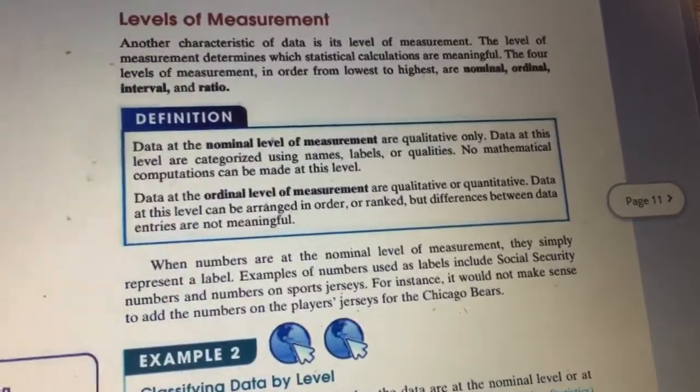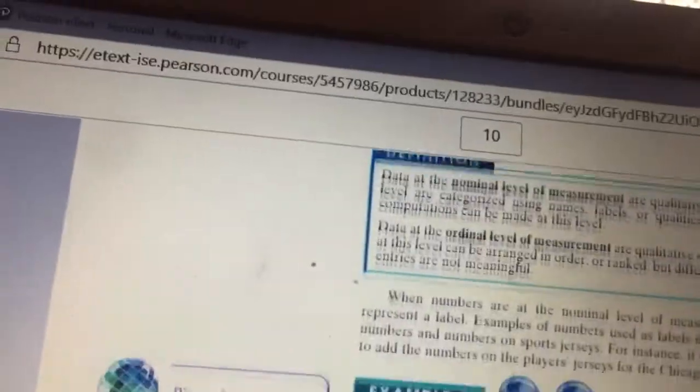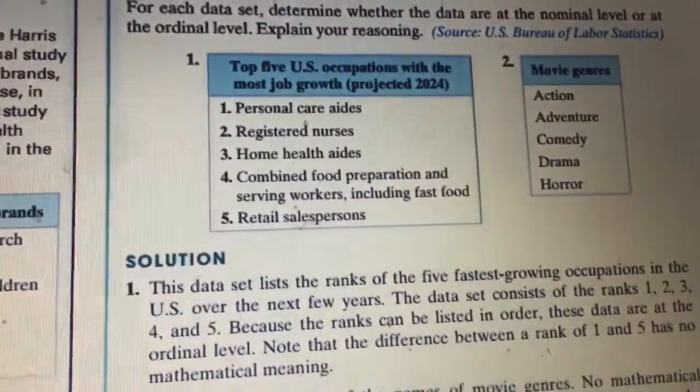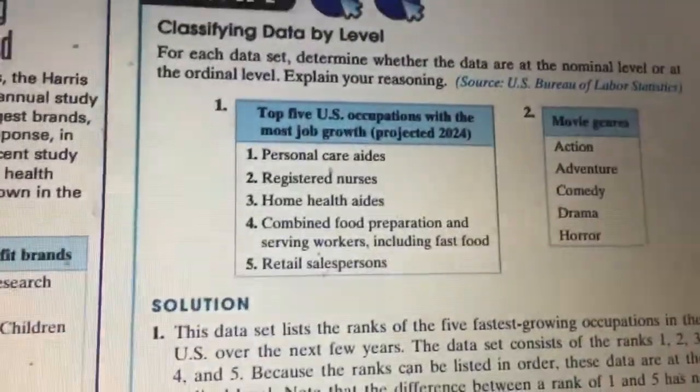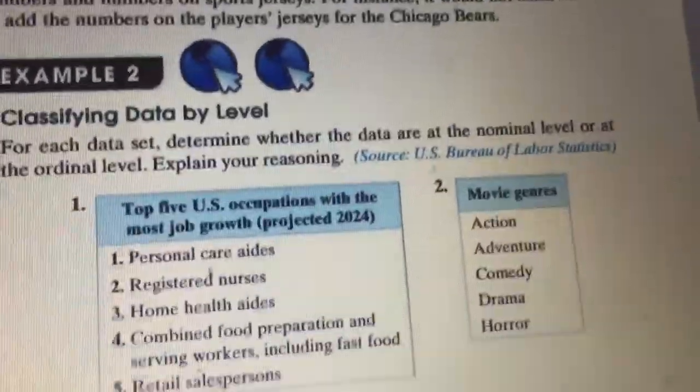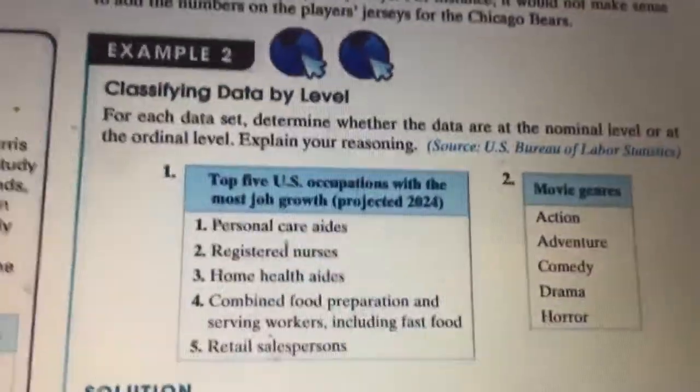Let's see if there's an example down here. If you look at this right here, the top 5 U.S. occupations with the most jobs. These are ranked 1 through 5.